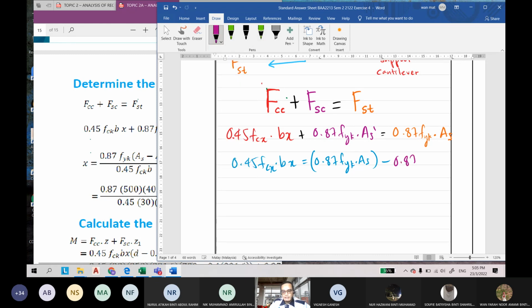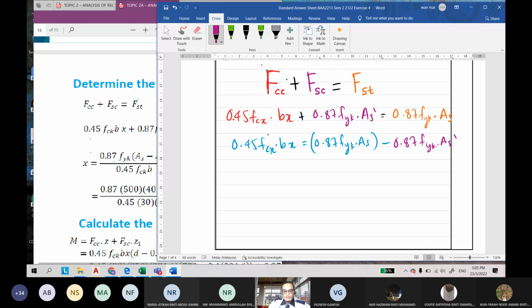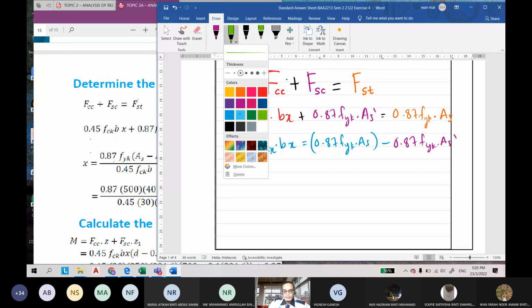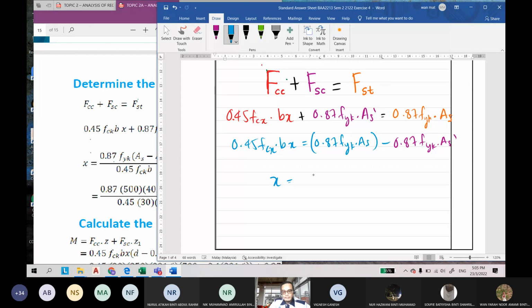Minus 0.87 fyk As prime. Okay, minus the simple mathematics. So we can simplify. Now the value of x is equal to 0.87 fyk times, okay, this one, the simple mathematics minus As prime, divided by this one.